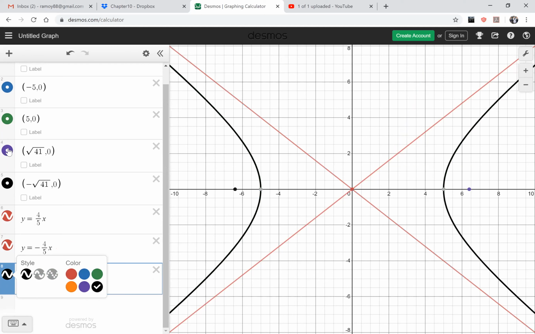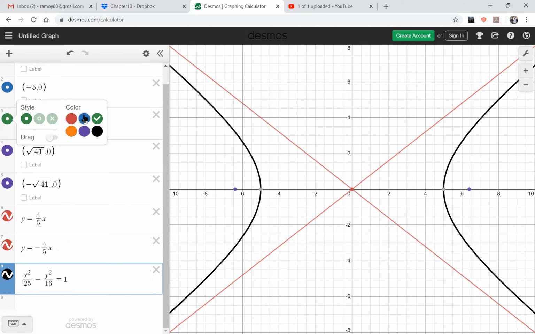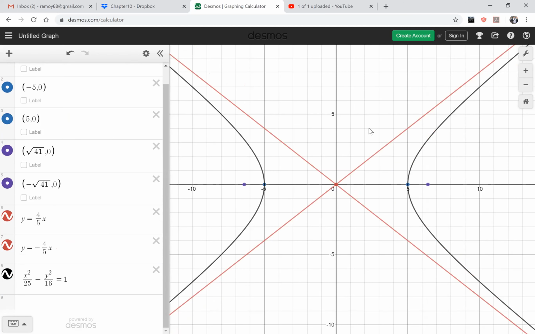All right. And so we have all of these things that we wanted to see. We have the two asymptotes, we have our hyperbola in black, and we have the vertices and the two foci.